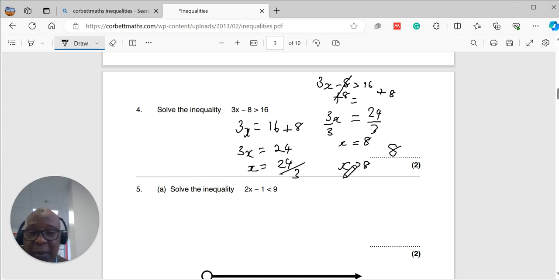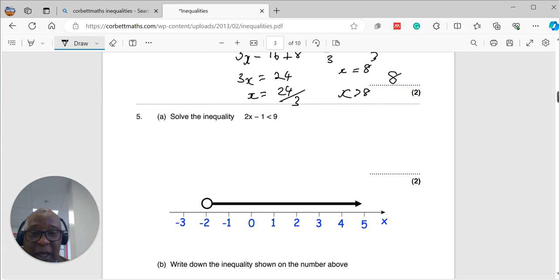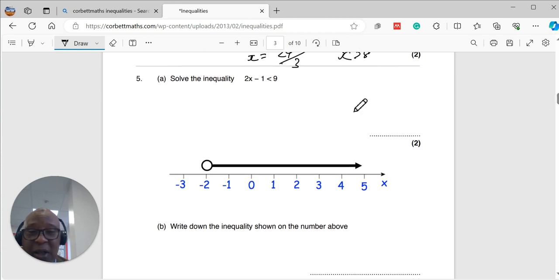So let's do this again in question number 5. That's a sensible thing to have a look at. Solve the inequality 2x minus 1 is less than 9. Again, using the juggling method and thinking of the inequality sign as the equal sign, I've got 2x is equal to 9. I'm taking the minus 1 from the left hand side to the right hand side, because that minus sign is attached to that number 1.